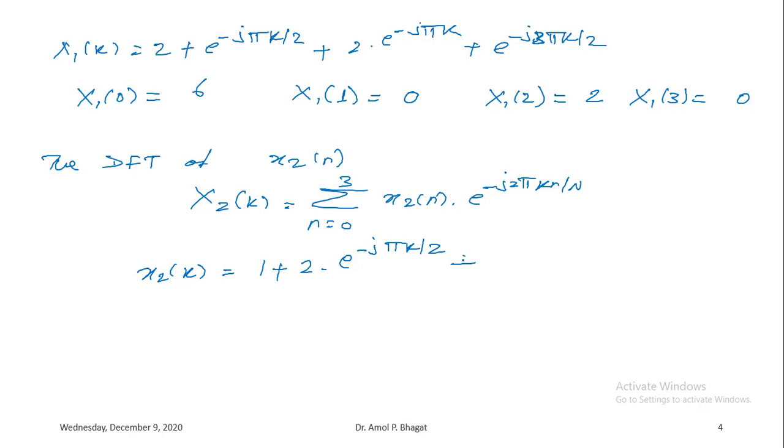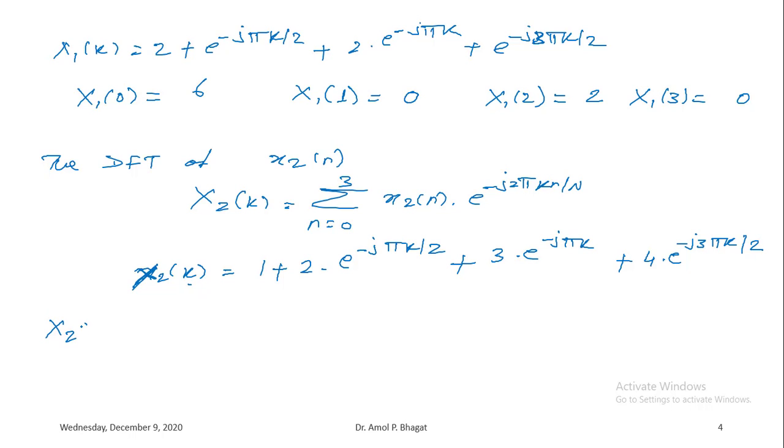Plus 3 into e to the power minus j, 2 multiplied by 2 is 4 by 4 will be 1, so it will be minus j pi k. Plus 4 into e to the power minus j 3 pi k by 2. So this equation I will get for capital X2 of k. Similarly, again I will put these values, k equals 0, 1, 2 and 3.